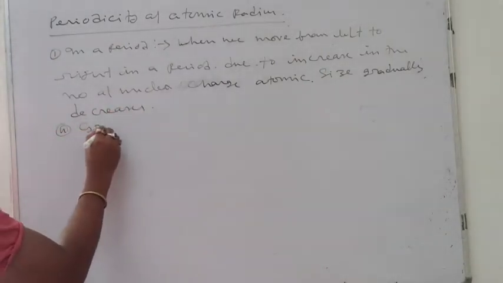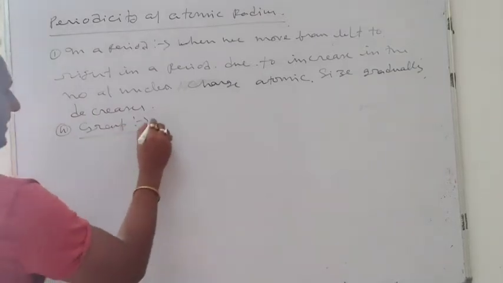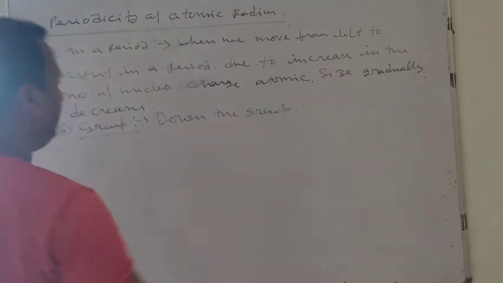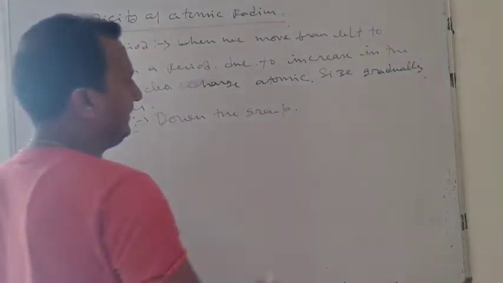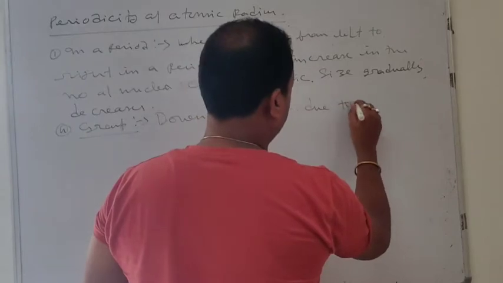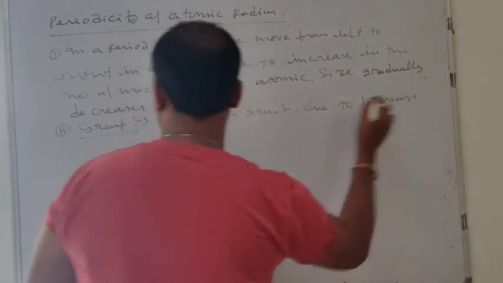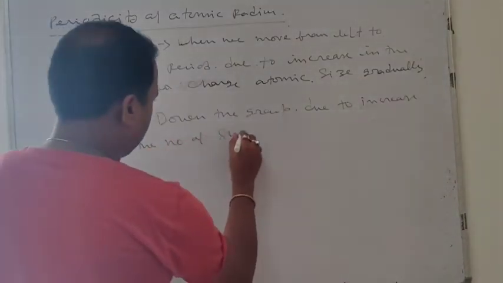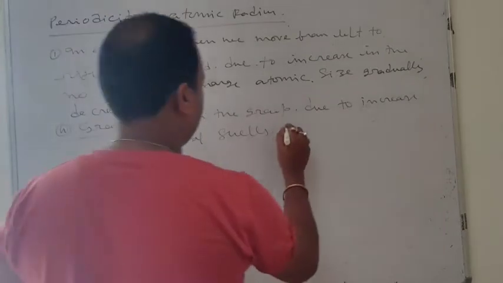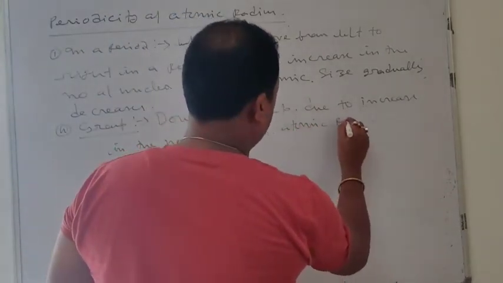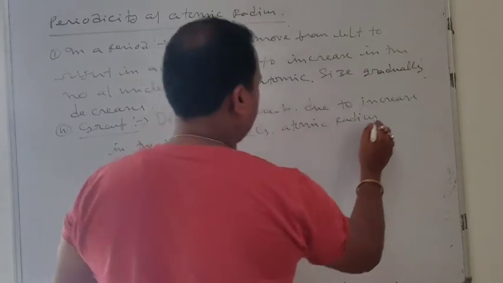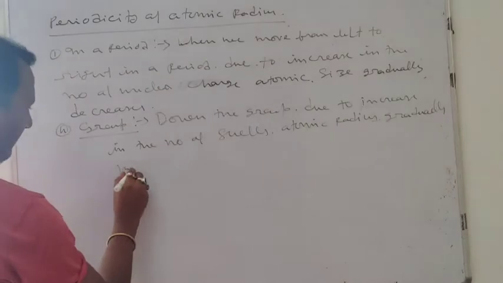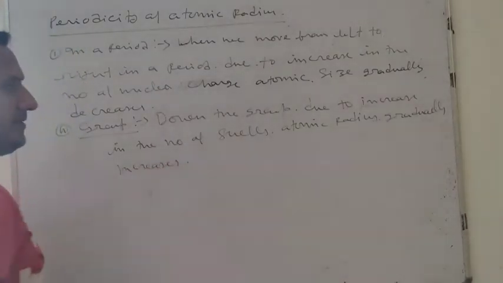but in a group, down the group, due to increase in the number of shells, atomic radius or atomic size gradually increases.